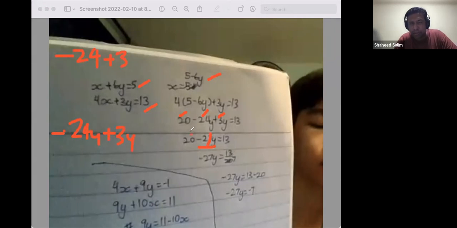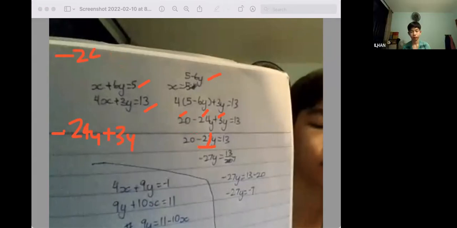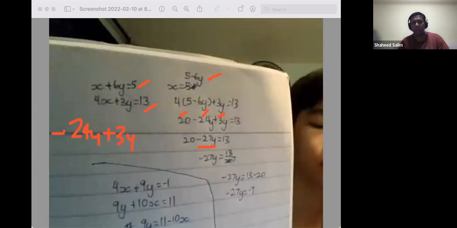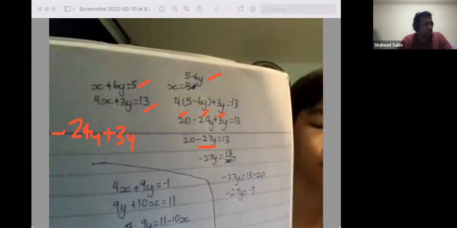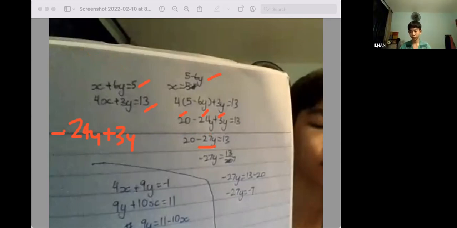Down here, you do straight, right? Cannot go straight. You try to continue from here. Okay, this one is minus 21y, right? You try to continue. And you tell me what's the value for y. Three. Y equals to 3.